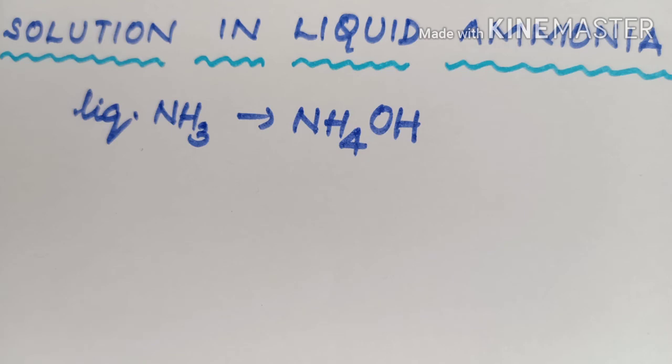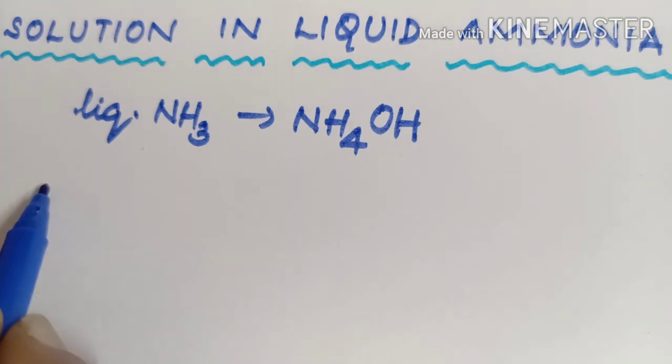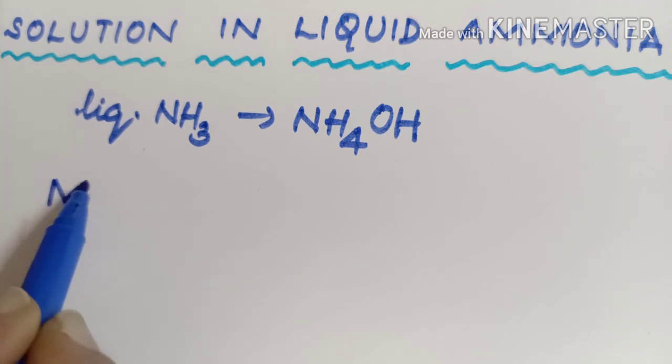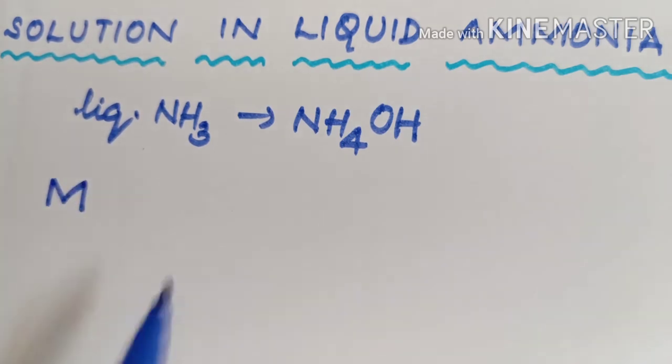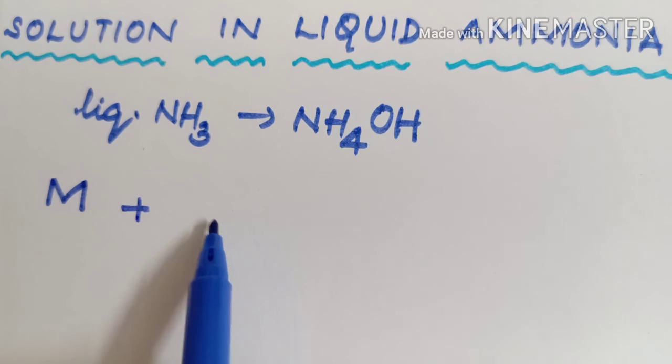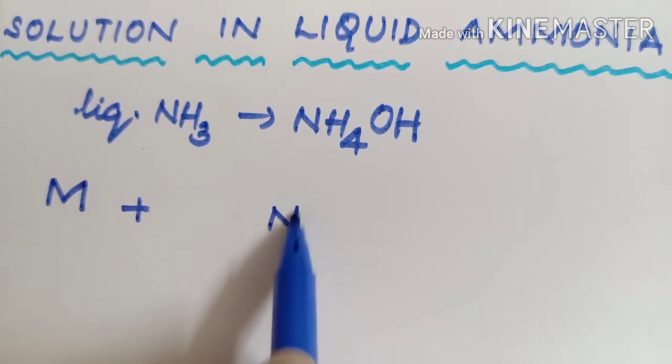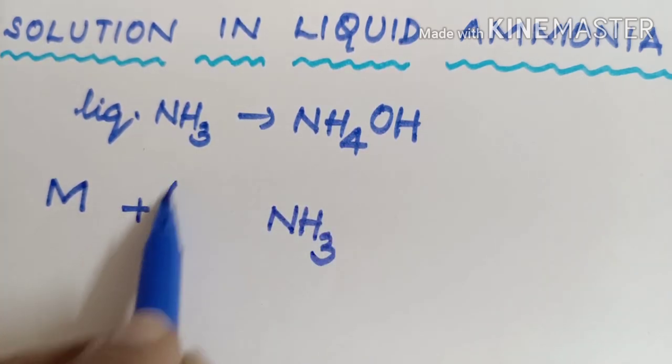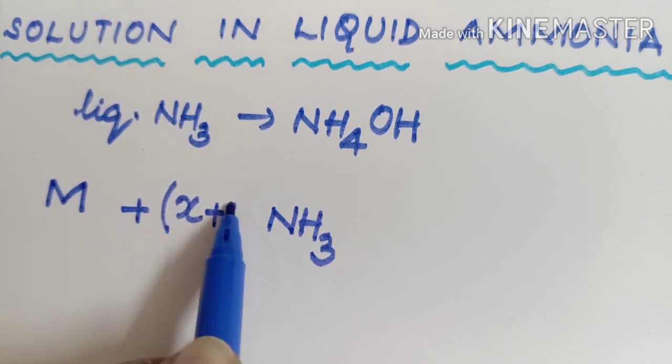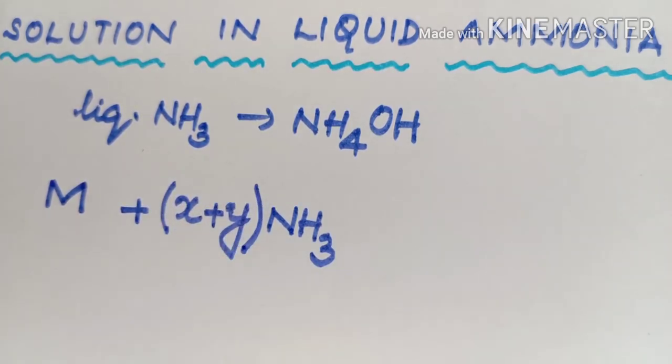When alkali metals and alkaline earth metals are put in liquid ammonia, what we observe is that it forms a deep blue solution. So what happens when it is dissolved in liquid ammonia? We take the general formula M for the metal. When M is put in excess of liquid ammonia, here we take the example as x plus y molecules of ammonia.